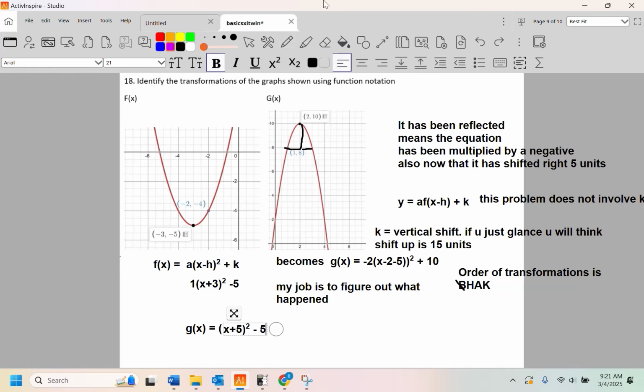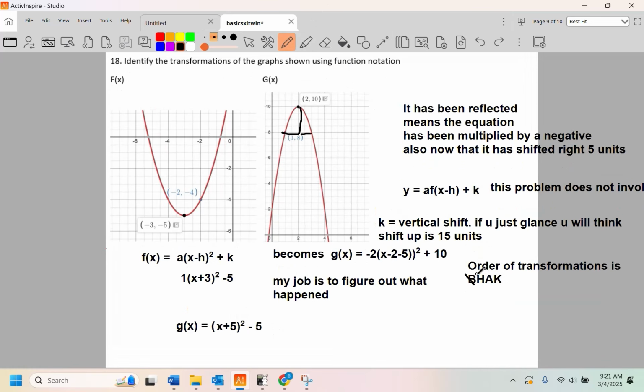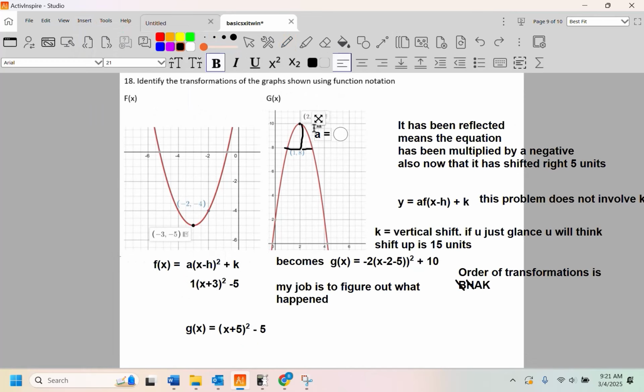But this is the first thing. We handled h. The next thing we're going to do is handle a. A from up here is -2. So I'm going to take the original equation right here. I'm going to put a -2 out front of it, all the way out front of it.